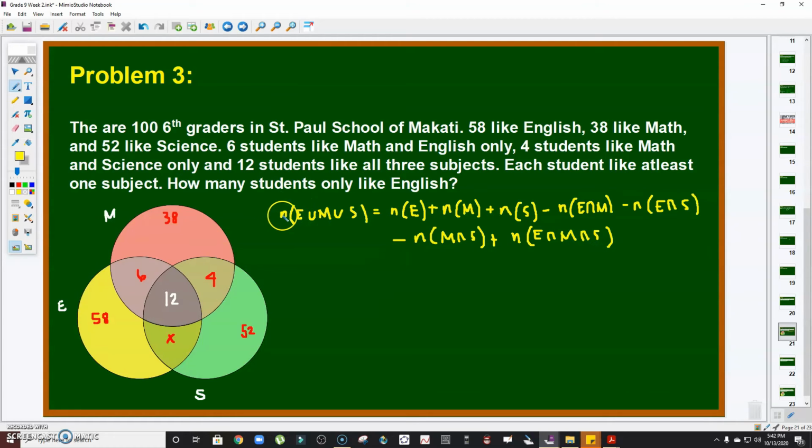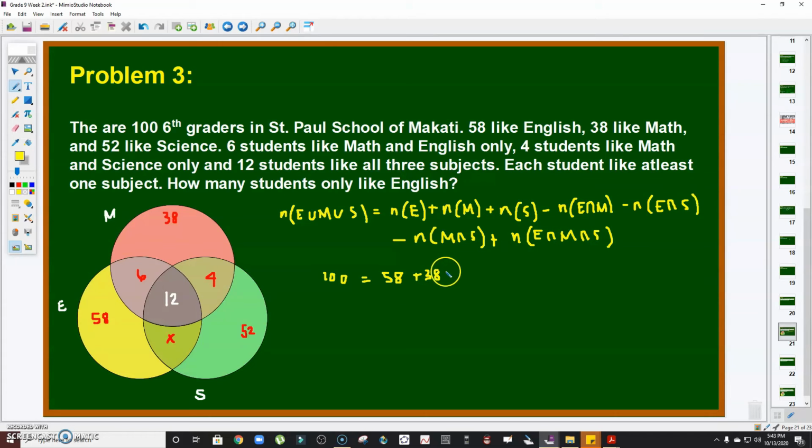So, yung union of English, Math, and Science, that is equal to 100. Right? Then, number of elements in English, so that's 58. For the Math, that's 38.